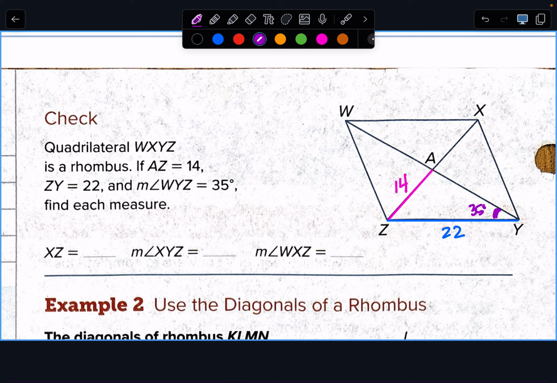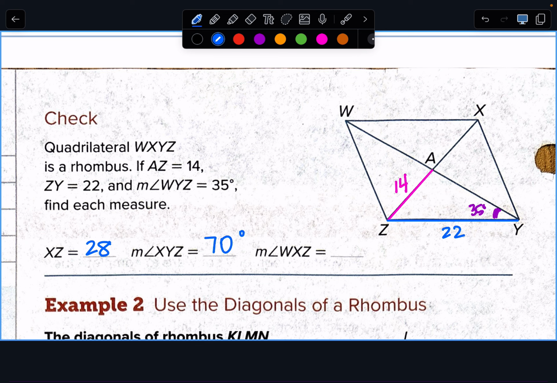Nolan, what's XZ? 28. I'll ask you later. If you give me 2 minutes, they'll be working. Go to work and then I'll come back. That sounds great. All right, XYZ, 70.